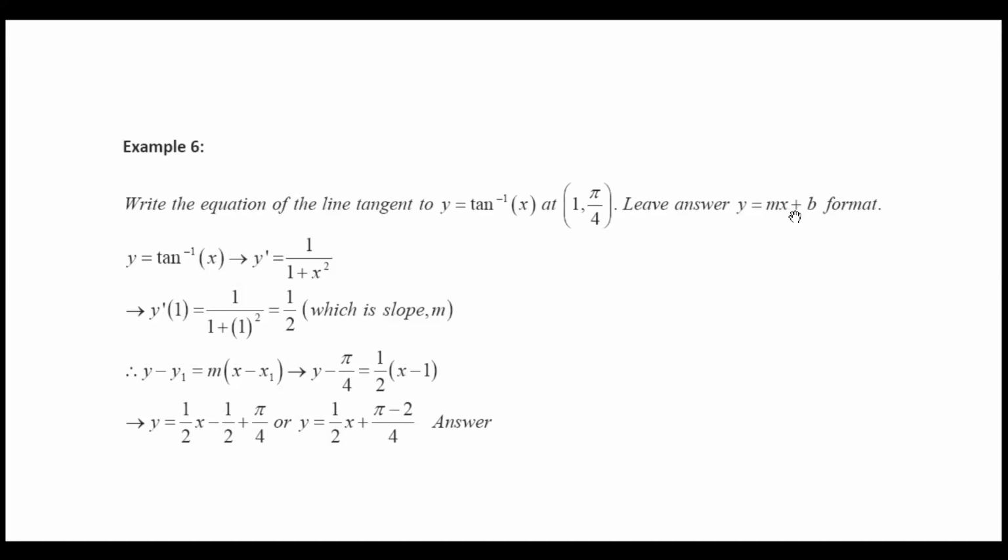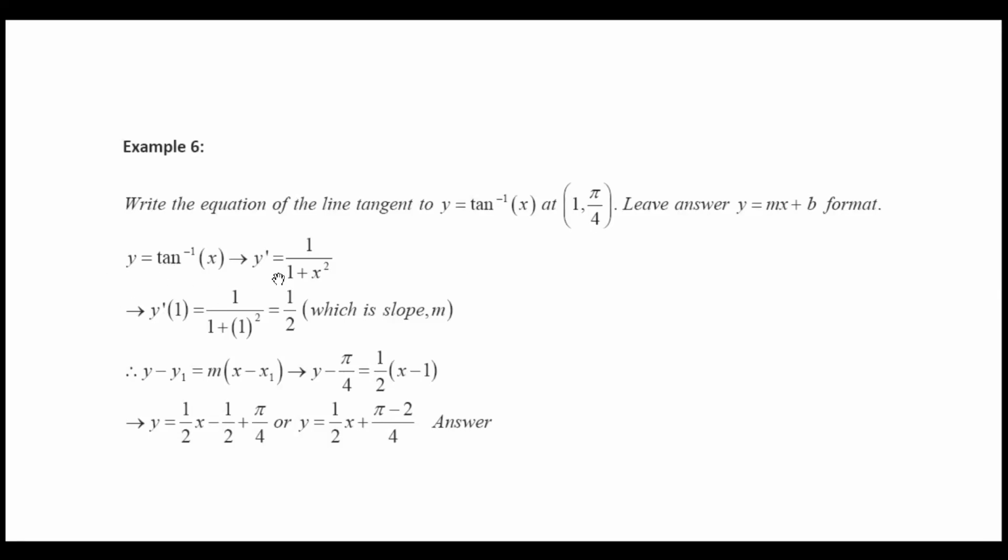And we're going to try to leave the answer in the form of y equals mx plus b, but if that becomes difficult for you, you can stop. That's only so that, if we want to check our work, we can through graphing. So let's begin this problem. Here is our function. Now, we have our point, so we need the slope.